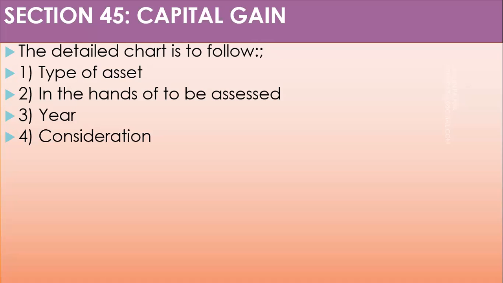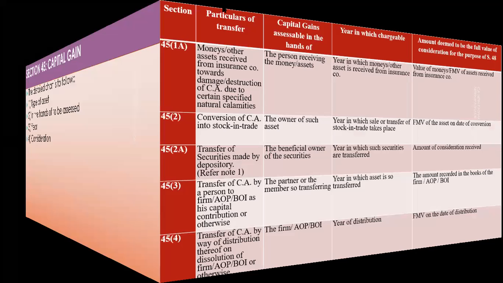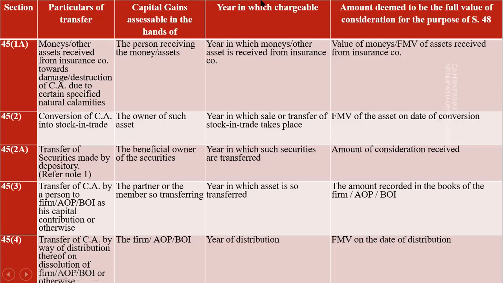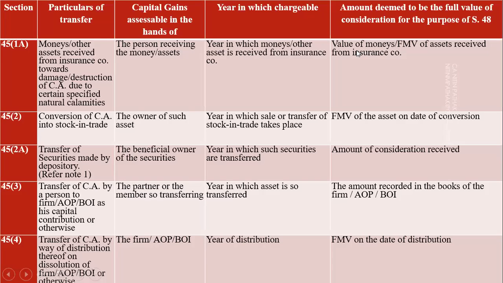Now section 45. The first column is the type of asset, in whose hands it is to be assessed, and the year and the consideration. This is a very important slide. Let me go through it in short here.